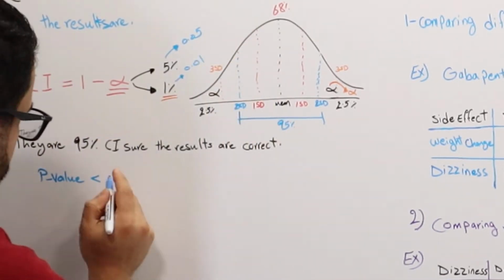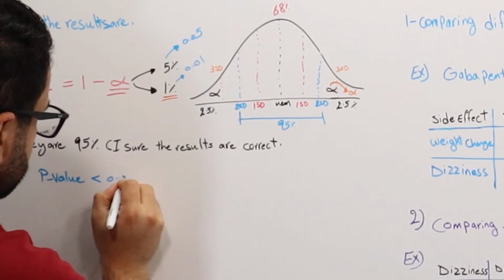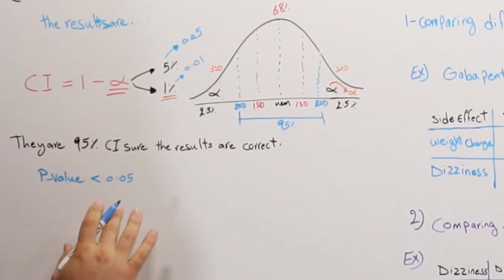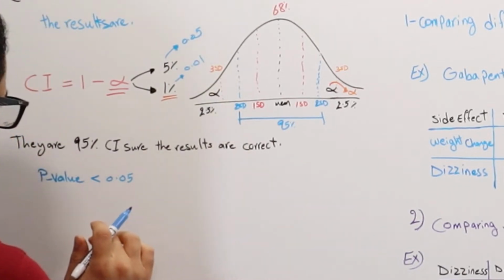So if the p-value is less than 0.05, we said this is statistically significant. Okay?